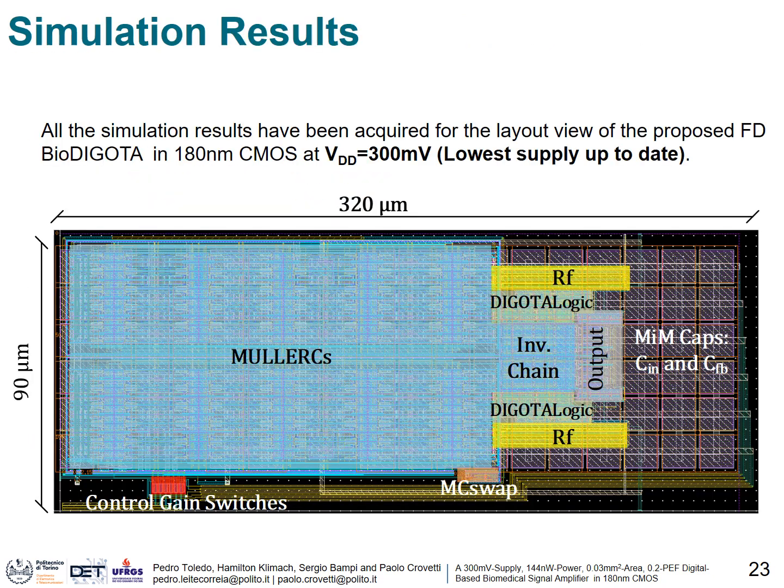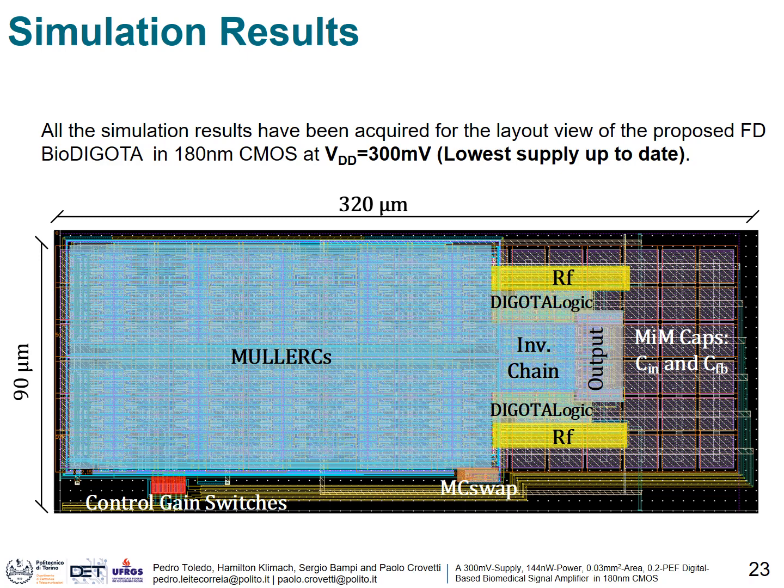Simulation results. All the simulation results have been acquired from the layout view of the proposed fully differential BioDIGOTA in 180nm CMOS technology working under a 300mV supply voltage. It can be seen that most of the area below the main capacitor is filled by Muller-C. This is because of the noise-area trade-off mentioned before.